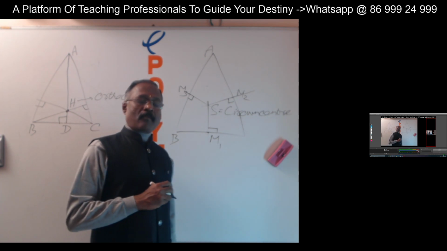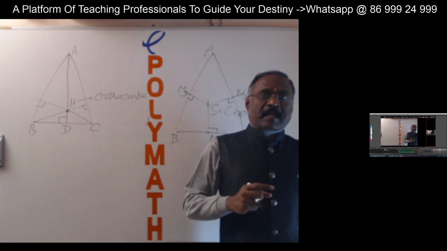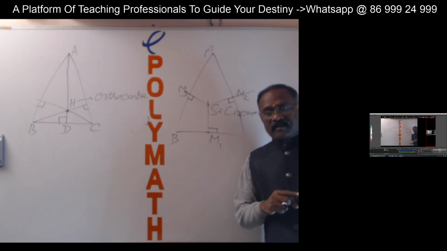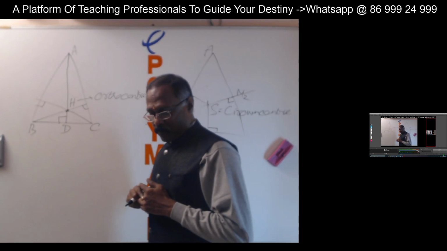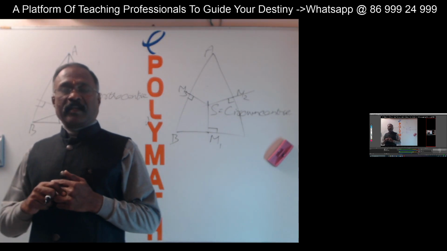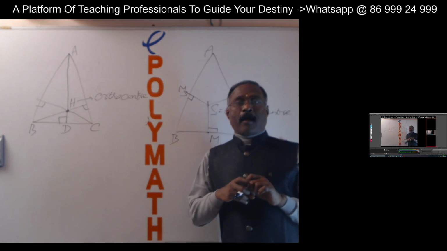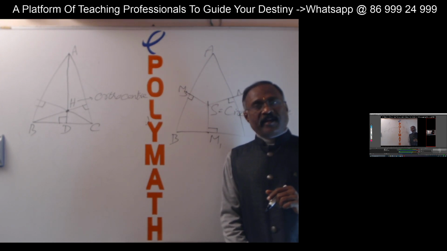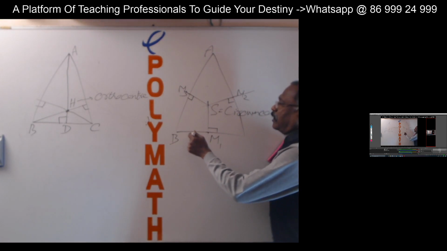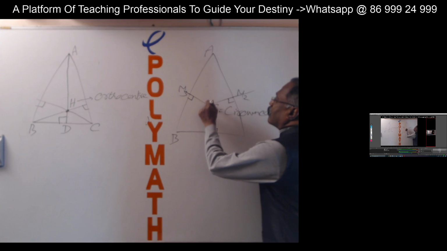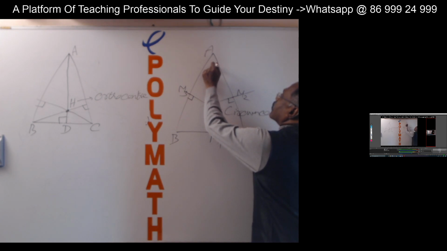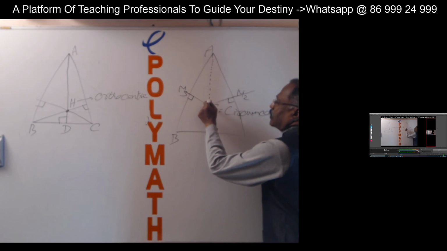Now, why is the circumcenter used? Because the word itself gives you the meaning of it. See, this S is equidistant from the vertices.